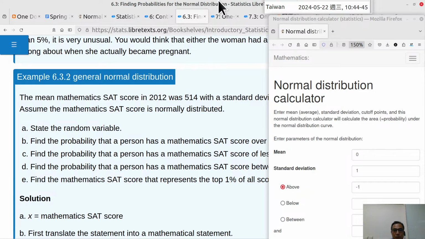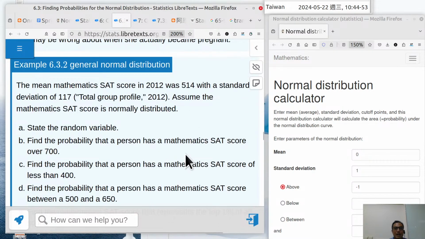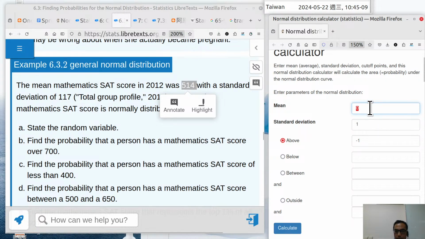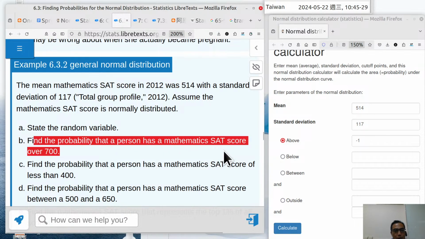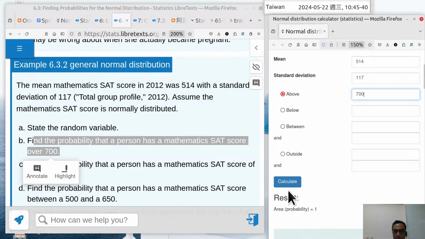Okay, I use a different screen and I think it's easier to watch the data simultaneously. Okay, the second screen here, normal distribution calculator, the mean is 514, and the standard deviation is 117. Now the question is to find the probability that a person has a mathematics SAT score over 700, which means above 700. Then click calculate. Ta-da.